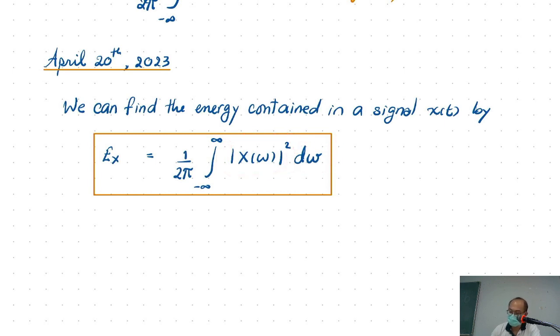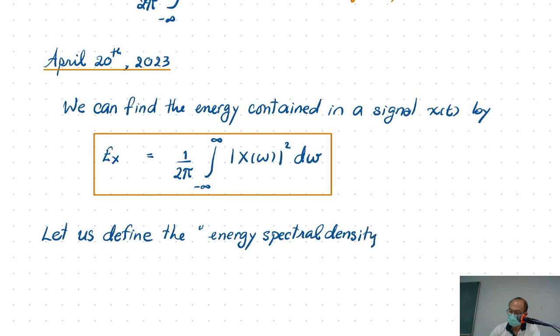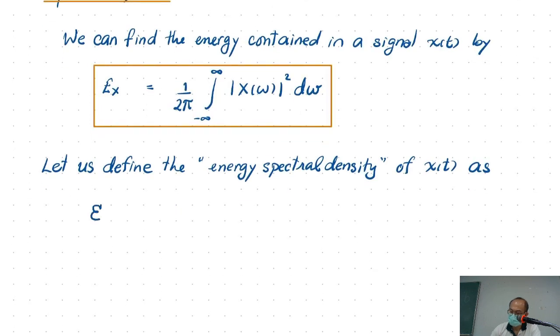So let us define what we call the energy spectral density function, the energy spectral density of the signal x, as big E of x, and it is a function of omega.